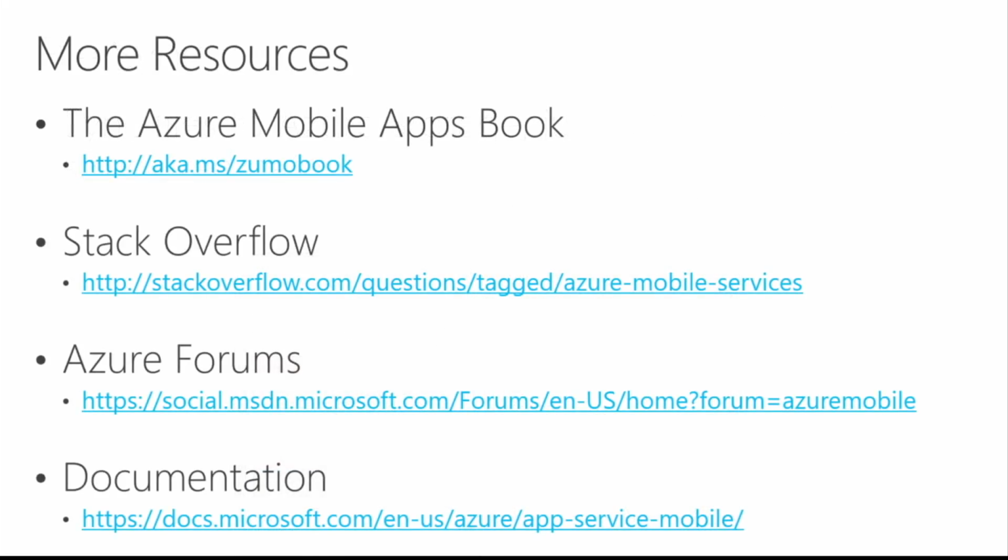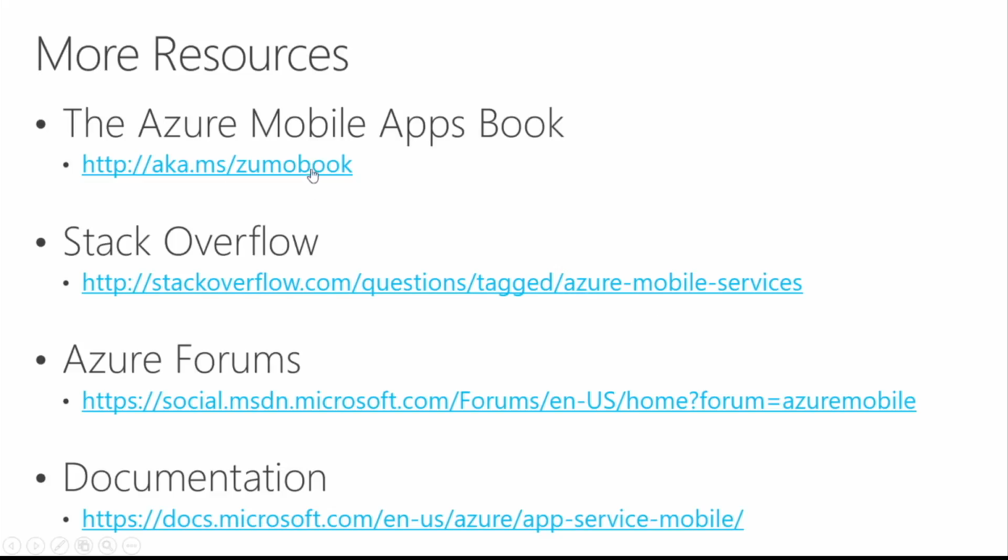So I've got 5 minutes left, so I just want to give you a few resources, because this can get very complicated very quickly. First of all, the Bible, which I happen to be writing at the moment, so if you want to join in and review the book as it's going, is at aka.ms/zumabook.